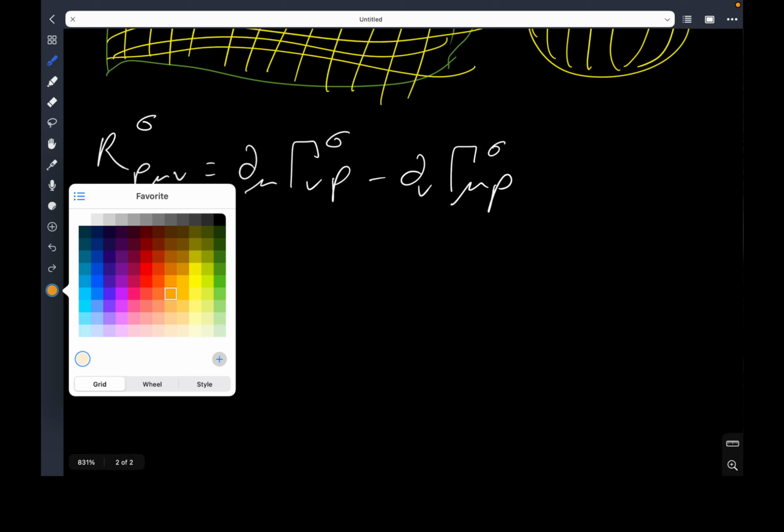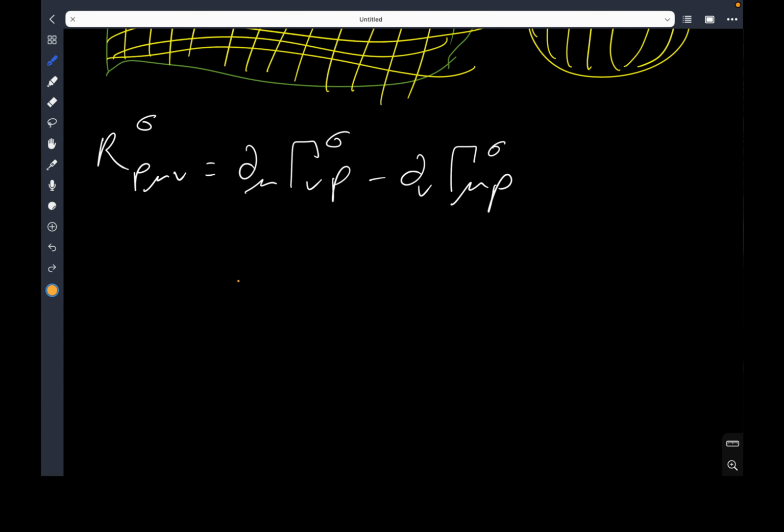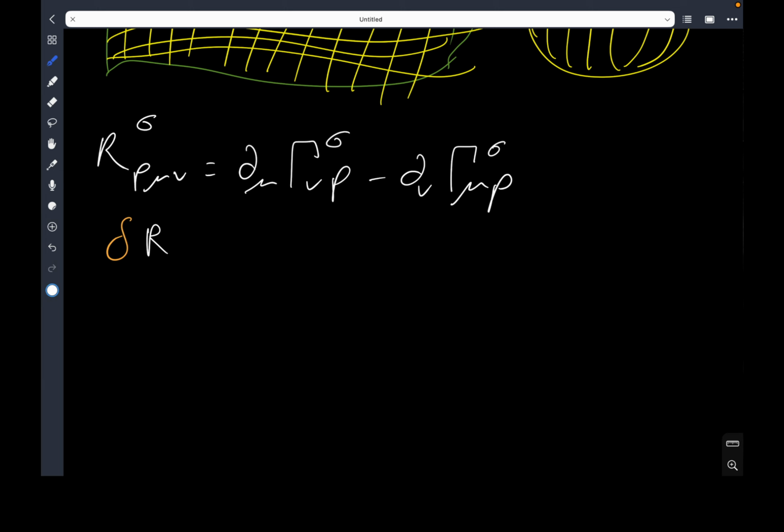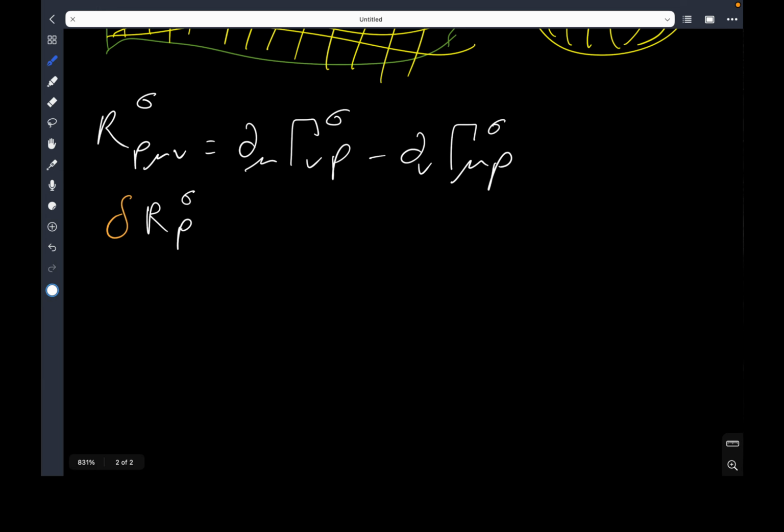So what is the variation of the Riemann tensor? So I'm going to take its variation, delta R sigma rho mu nu. If you want to use the product rule, just as before, you're going to get a really ugly result.